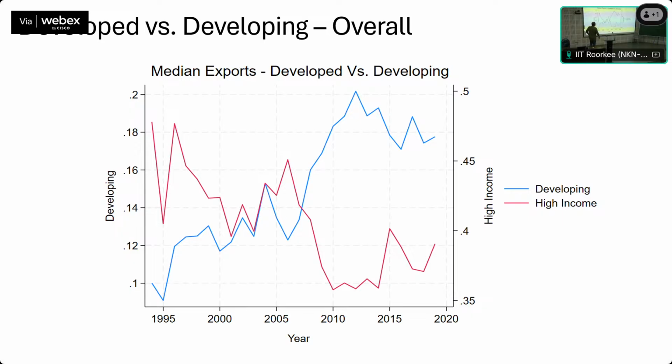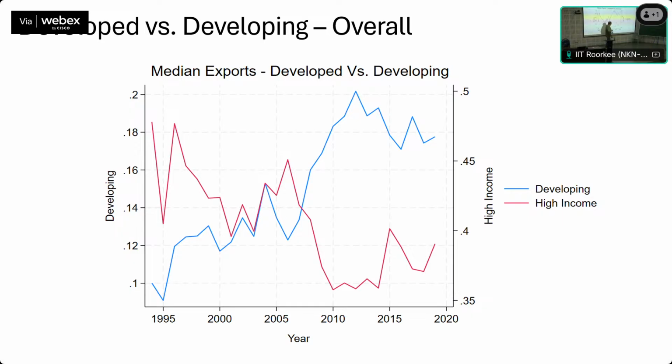You can see I'm plotting developed on the right-hand axis. Red is the developed, blue is the developing. In the developed, the overall median share of exports was more than 0.47. 47% of India's exports used to go to developed countries versus 10% to developing.